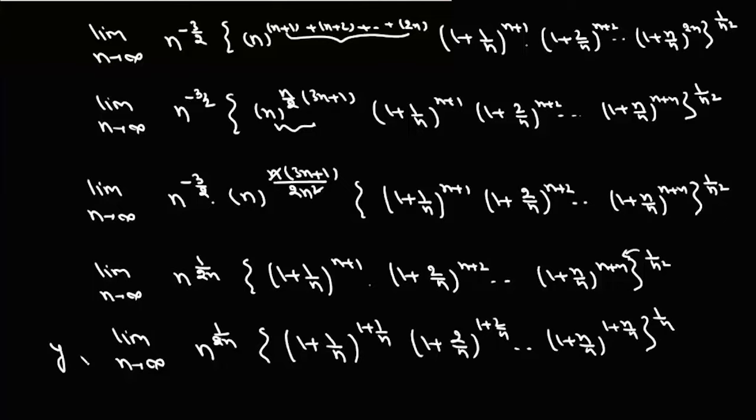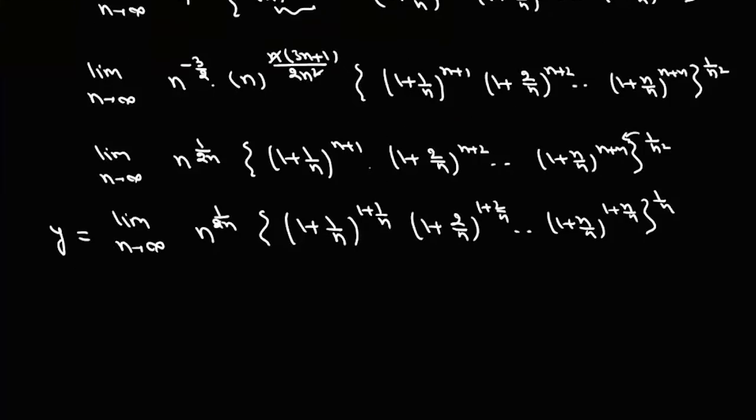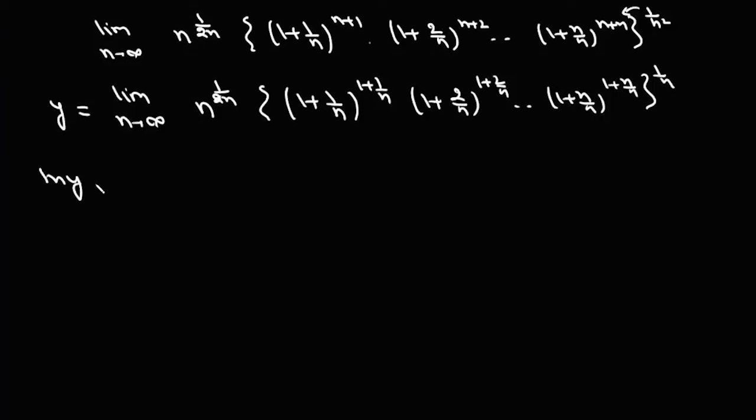And suppose this is y. Now we'll take log on both sides. Now we can write this as log y, and it will be equal to the limit n tends to infinity.